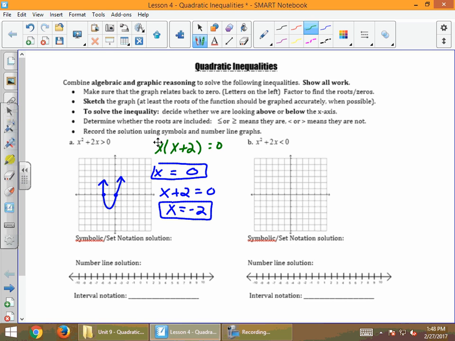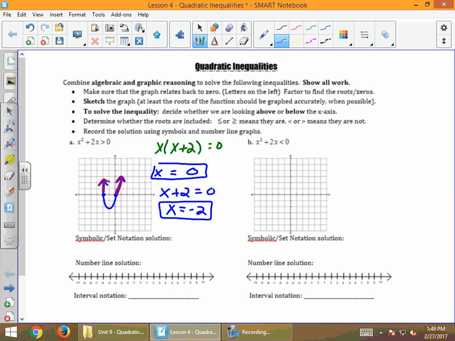So then you're going to look and see. Are we looking if our equation is bigger than 0? Are we looking above or below the x-axis? Above. When it's greater than, we're always looking above. So we're looking at this part of the graph.